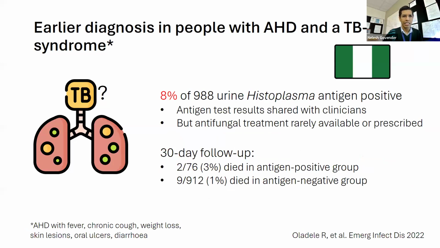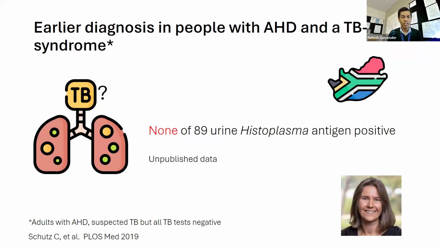I won't go through the details here. We have recently collaborated with Charlotte Schutz, Graham Meintjes, and others from UCT. We looked at a cohort that Graham and Charlotte had set up, patients with advanced HIV disease and suspected TB, in whom all the TB tests were negative. And in fact, we found that none of the 89 urine histoplasma antigen tests were positive in this cohort.